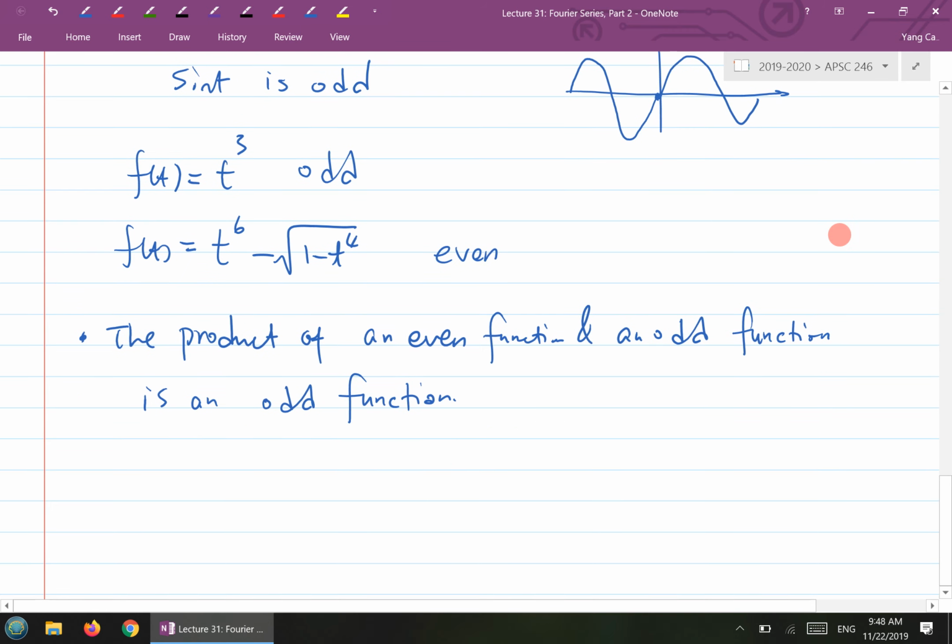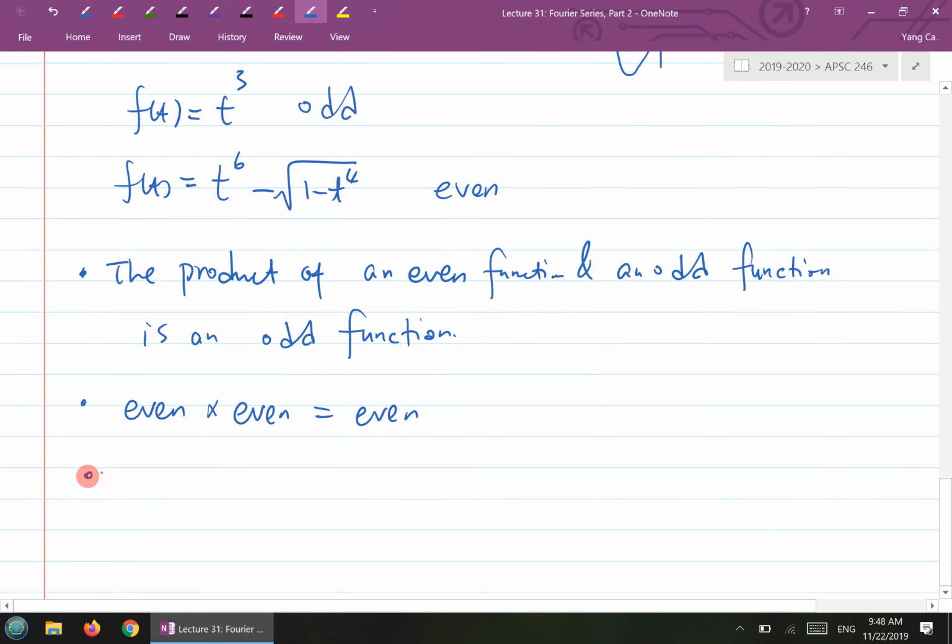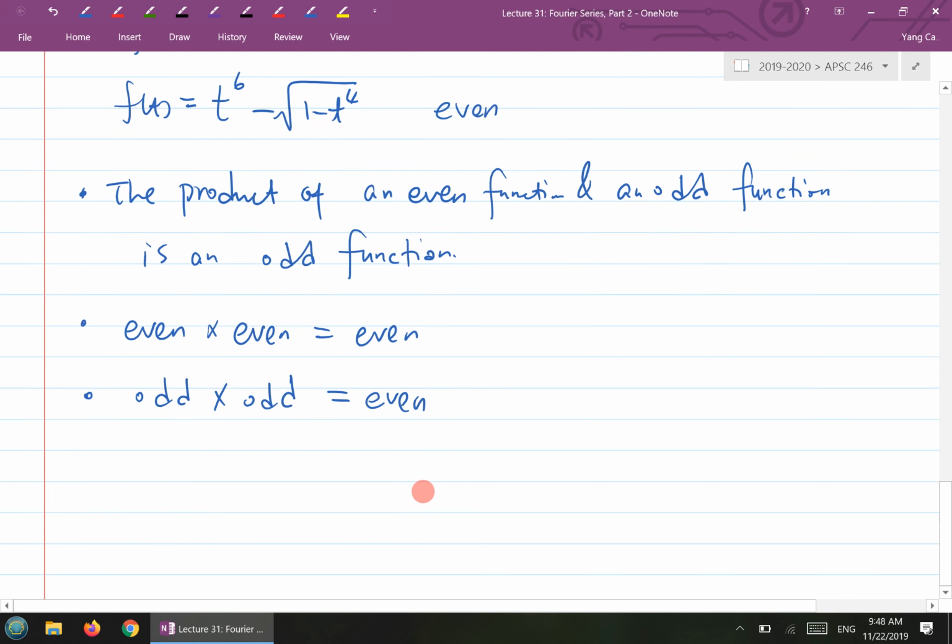And if you multiply even and even, it gives you an even function. If you multiply an odd and an odd, it gives you what? An even function. Okay.